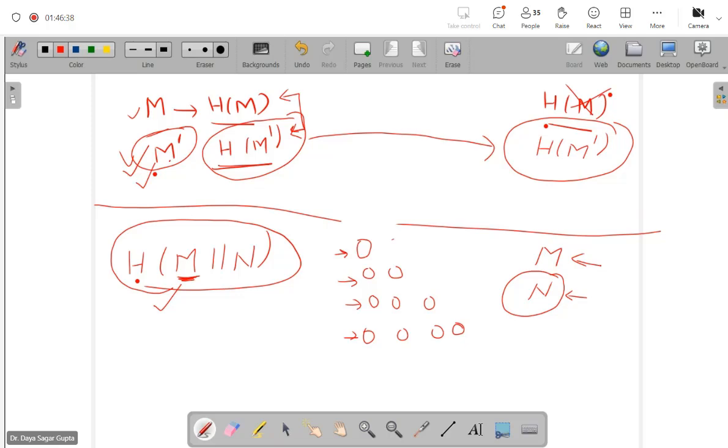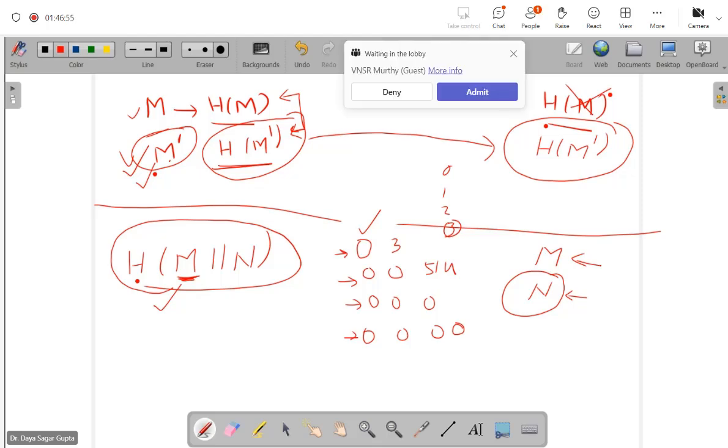What we've seen is that at the third iteration, when we started from 0, 1, 2, 3, the first 0 appeared. But for leading 20 zeros, I need to iterate 514 times. It means the attacker needs to go through 514 iterations.